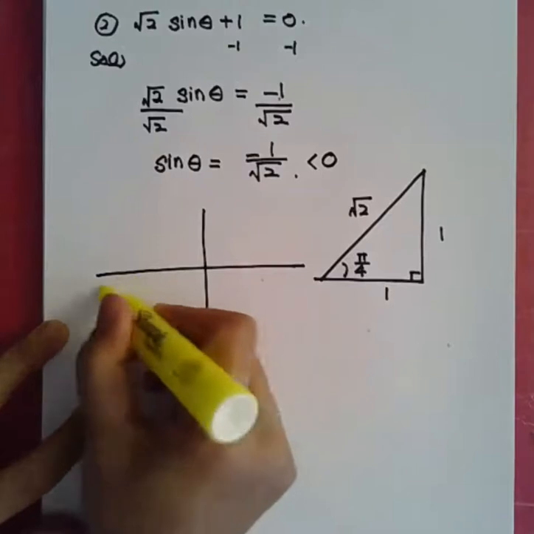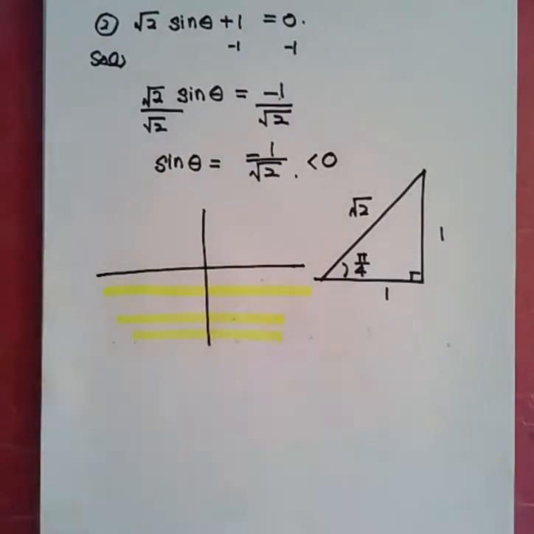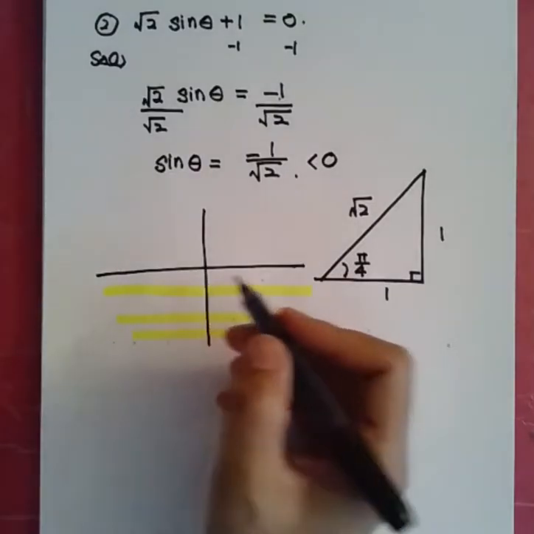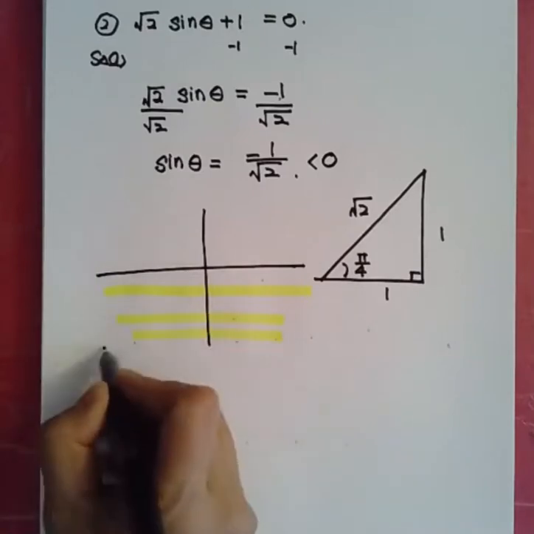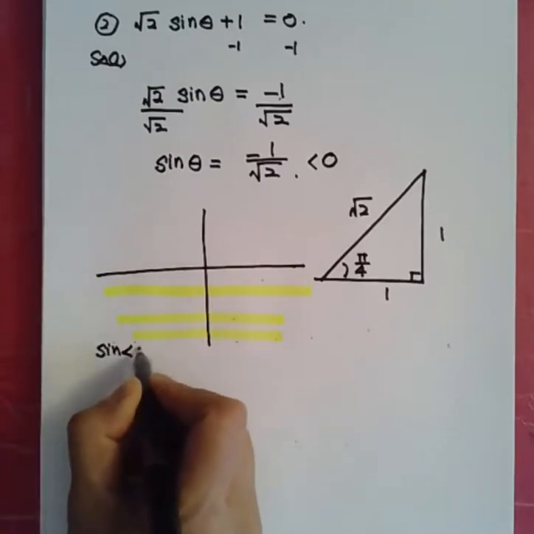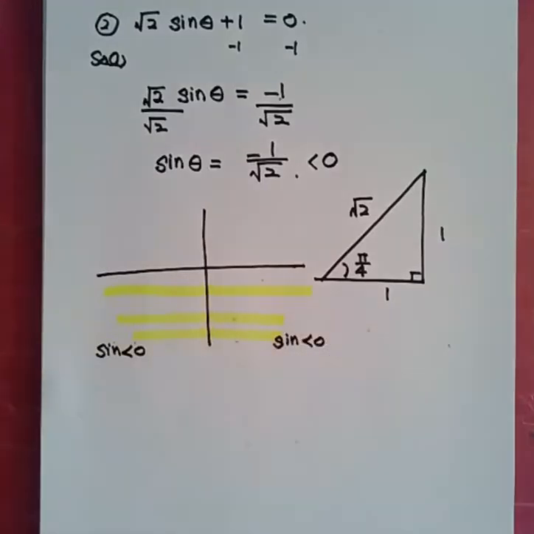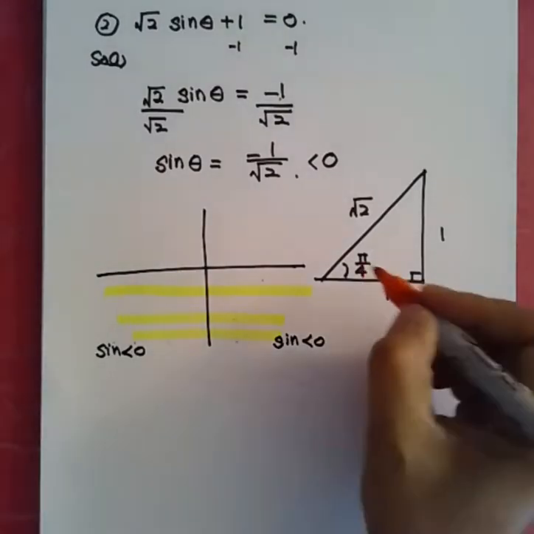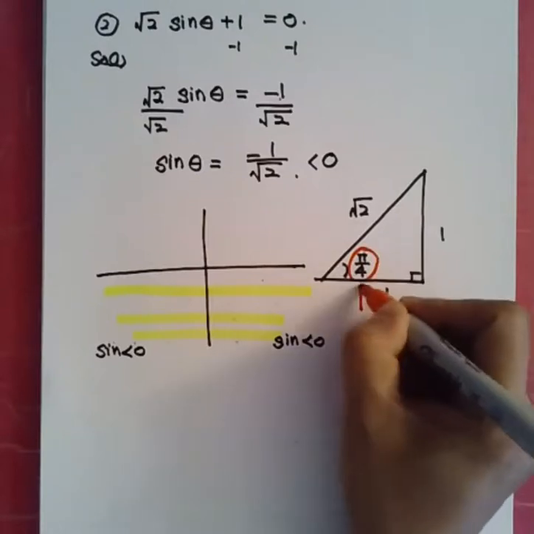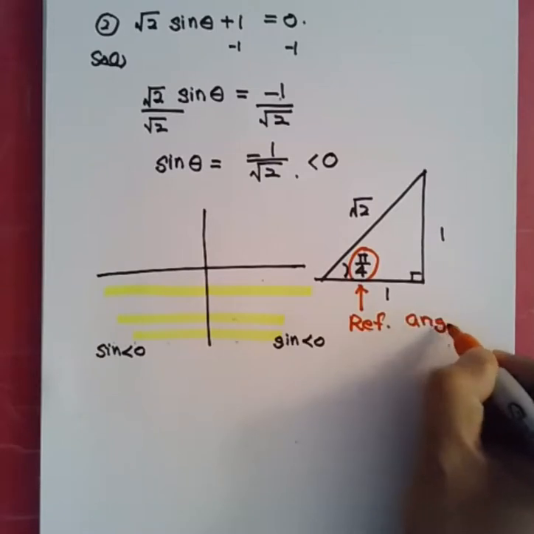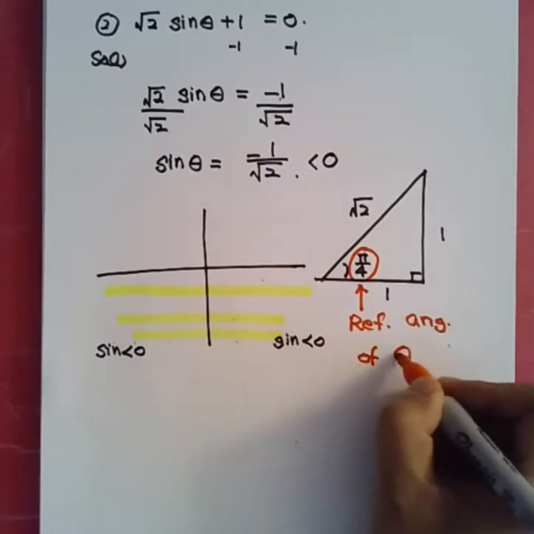So the angle will be in either the third quadrant or the fourth quadrant, because y values are negative in the third and fourth quadrants. So sine values are negative. This is a reference triangle. So this is the reference angle of theta.